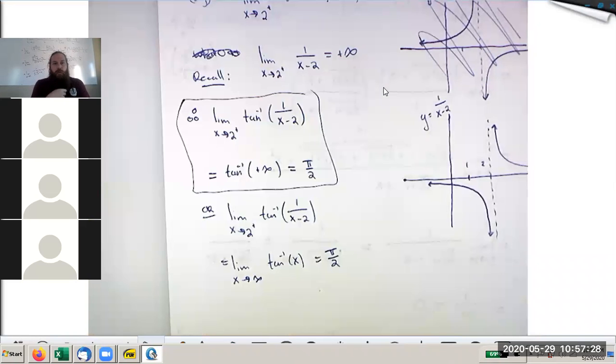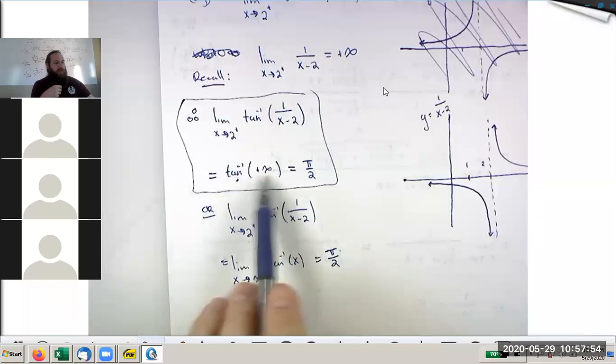So in other words, we ask, what does the inside do? The inside is going to plus infinity. And then we say, okay, well, what does the inverse tangent do as its inside goes to plus infinity? Well, he has a horizontal asymptote on the right side of pi over 2. So as his inside goes to plus infinity, inverse tangent goes to pi over 2.